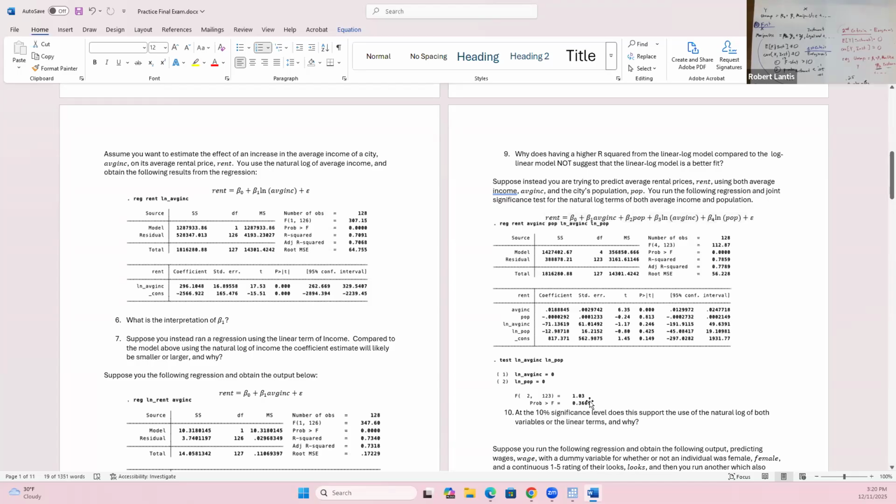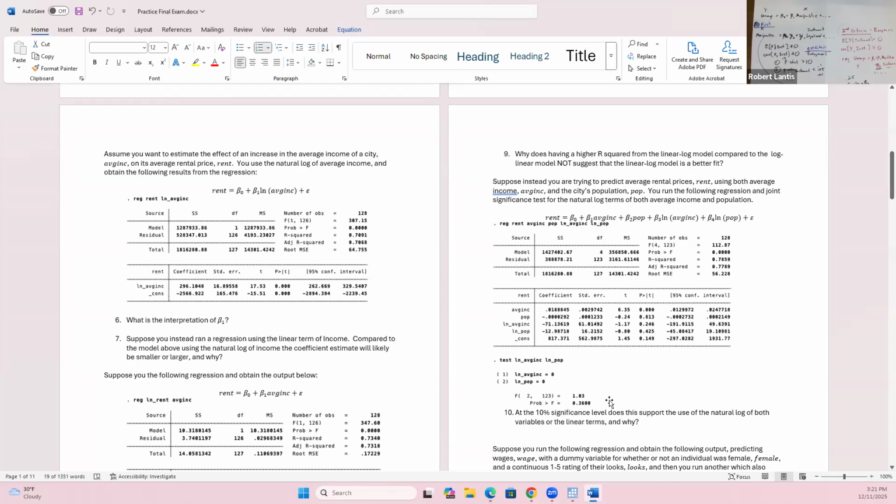Okay? So when I run this test for whether or not I should be including these two natural log terms, can I say that they're statistically different from zero? If the p-value is 0.36, what levels? I always start out assuming that those coefficients are equal to zero. So would I be able to reject that? My p-value is 0.36.